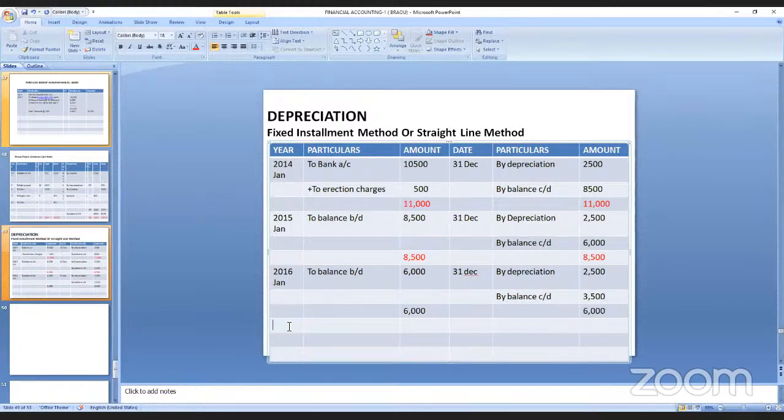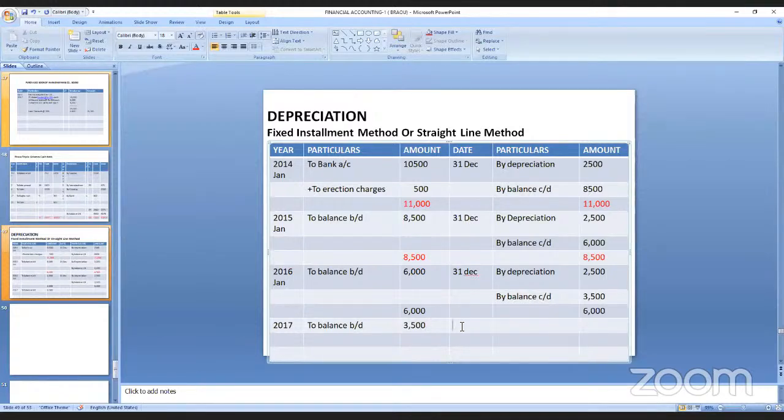Till here we have finished. Then the last year is 2017. To balance brought down, it is 3,500.